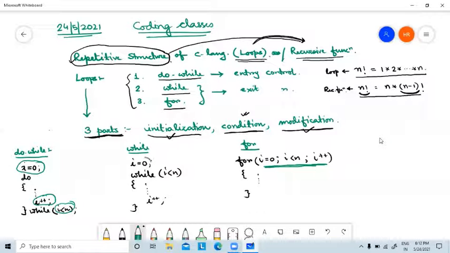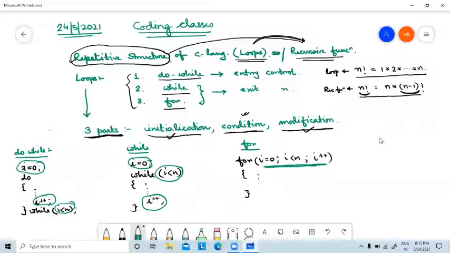In the while loop it is the same: the initialization is here, there is the modification, there is the condition. But in the for loop, all three things which are very important in a loop are arranged in a single position. Another thing is, using a for loop you can also represent a do while loop as well as a while loop.